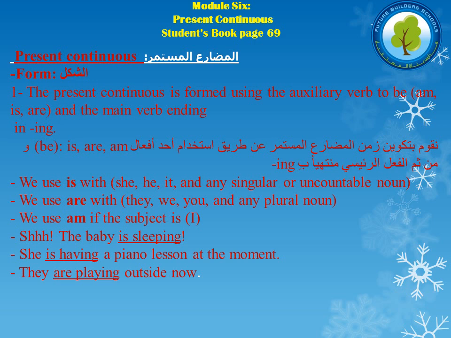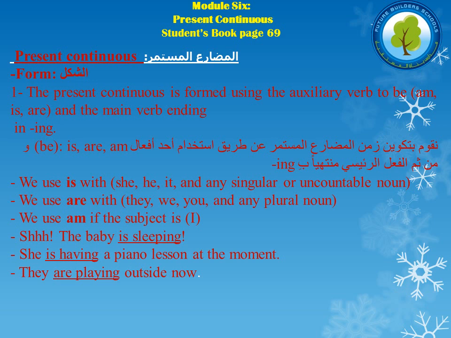And because we are talking about the present, لأننا نستخدم المضارع هنا, we are going to use is for the singular للمفرد, are for the plural, and am with I نستخدم الفعل المساعد be. وبزمن المضارع نستخدم من الفعل المساعد be is, am و are.